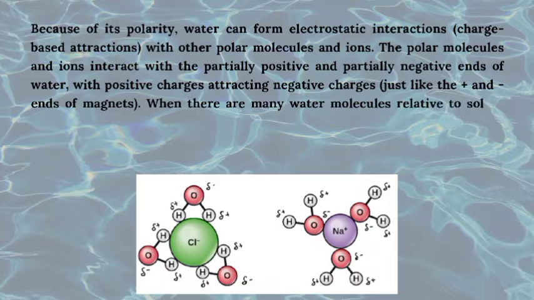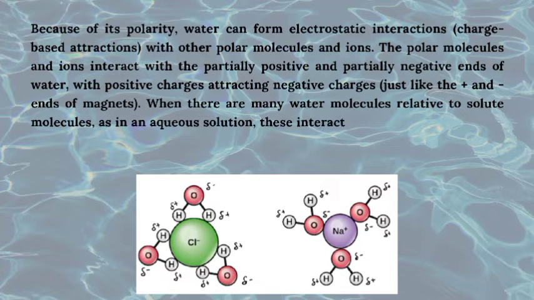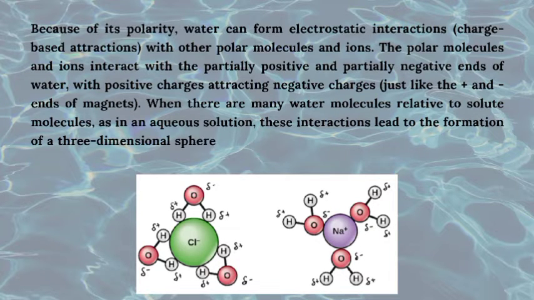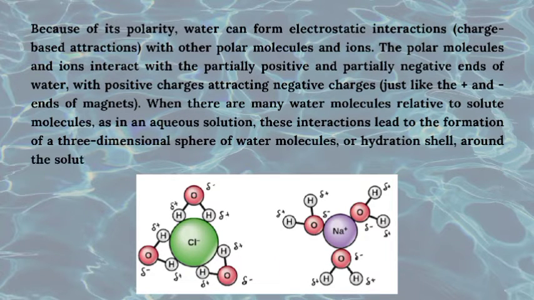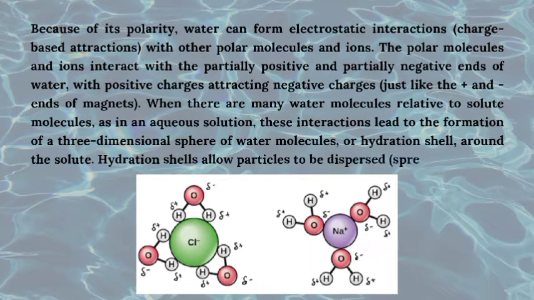When there are many water molecules around solute molecules, as in an aqueous solution, this interaction leads to the formation of a three-dimensional sphere of water molecules, or hydration shell, around the solute.